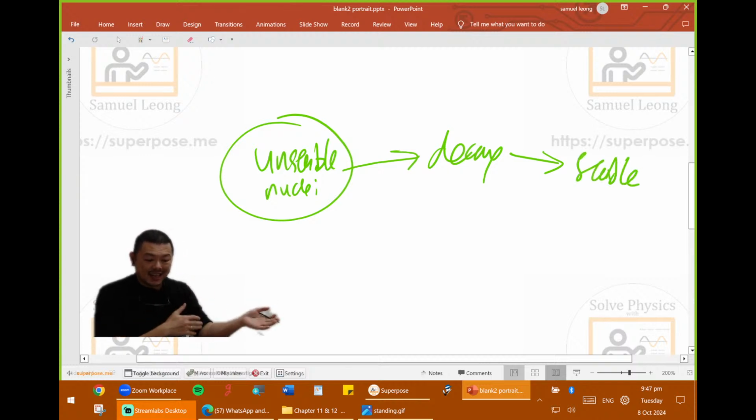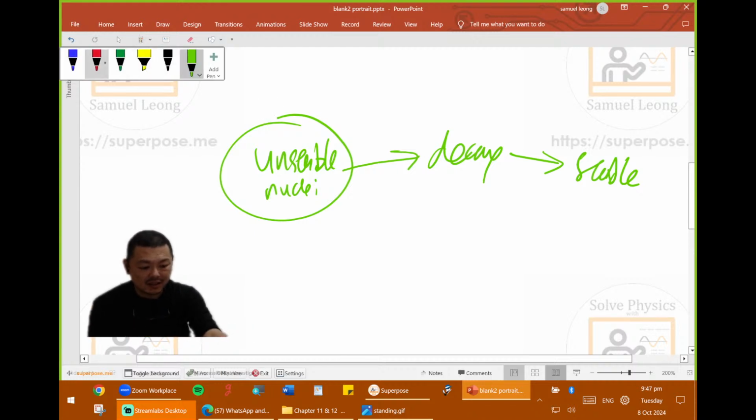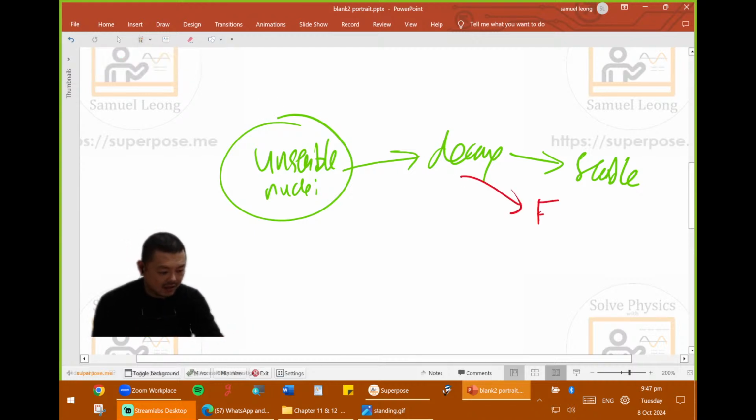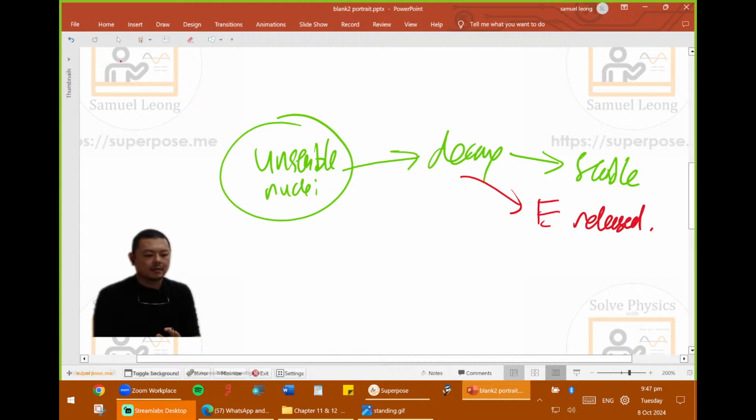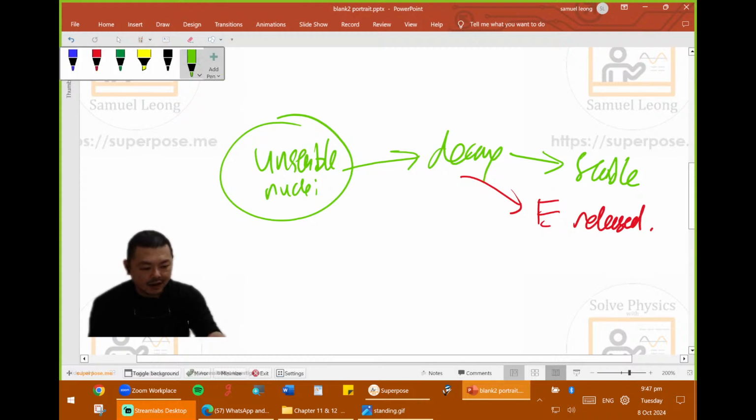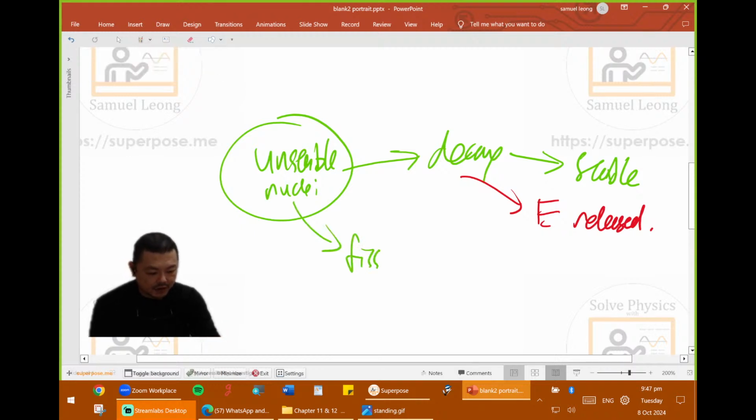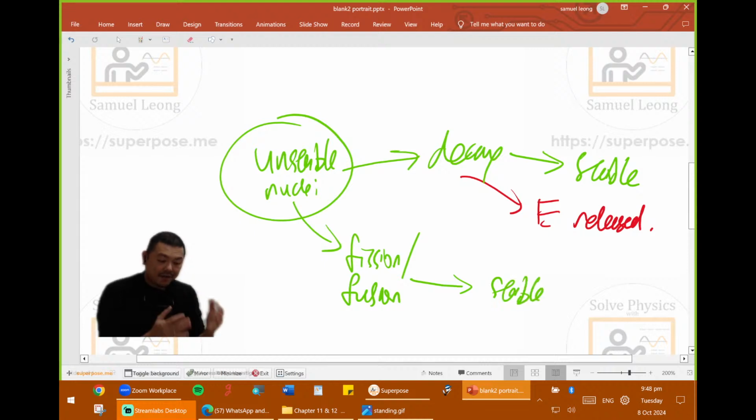The act of decaying is a release of energy, right? Or you can make an unstable nuclei undergo fission or fusion, right? And then if your end product is stable, the very fact that it becomes stable means that energy must be released.